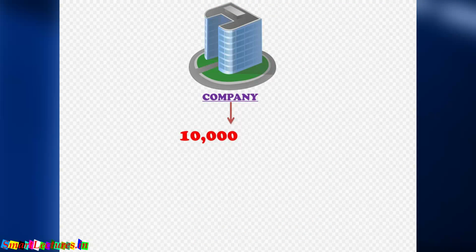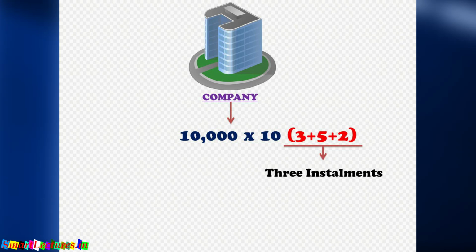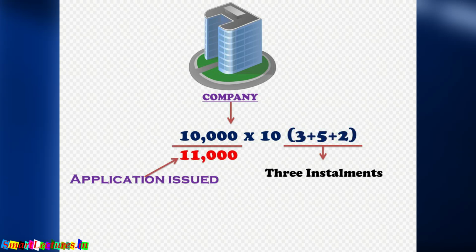Suppose the company issues 10,000 shares of rupees 10 each. The money was payable in 3 installments, 3 plus 5 plus 2. But the company received 11,000 applications, means applications for 11,000 shares.